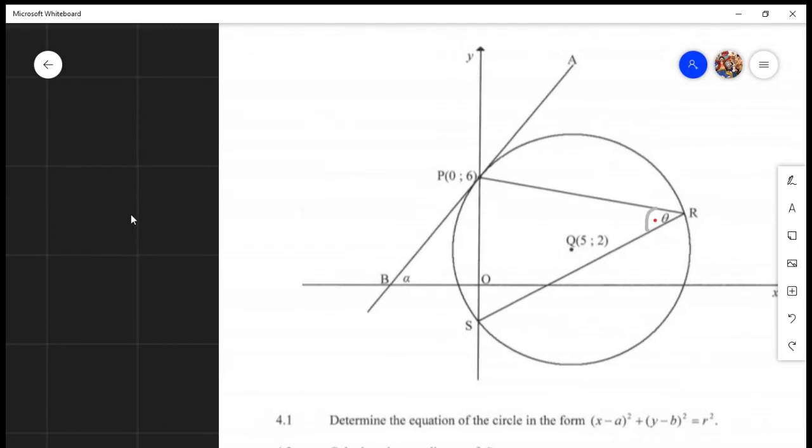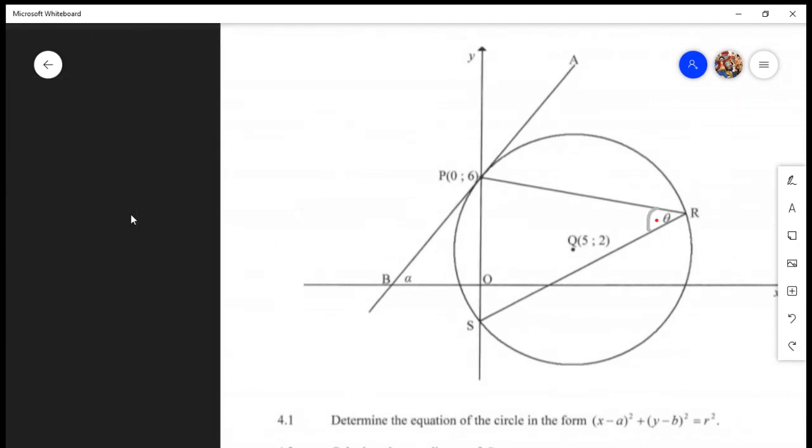Okay, so if we were to calculate the tan chord theorem, the first thing we would have needed to do was calculate this angle here, because this angle would be equal to this angle, right?